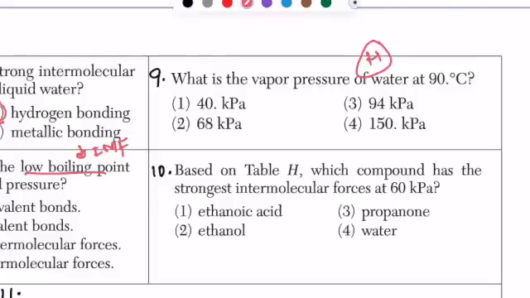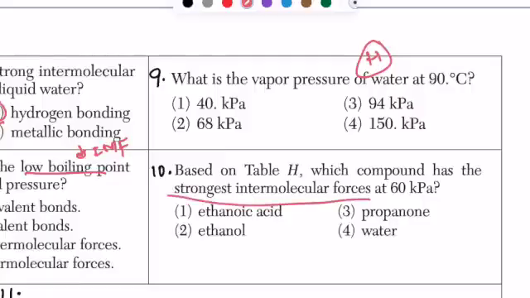So in table H, at 60 kilopascal, the substance that has... Table H can give us information about the vapor pressure and also about the boiling point.